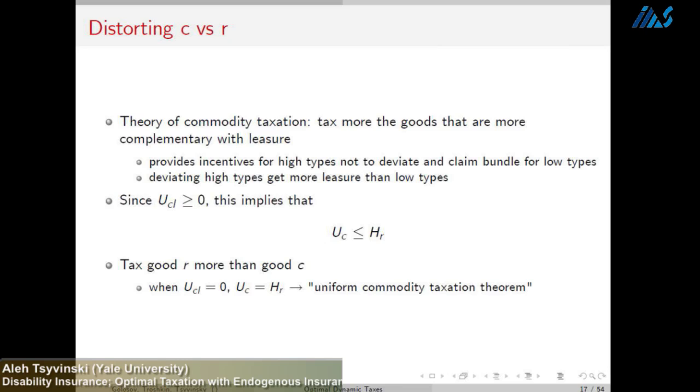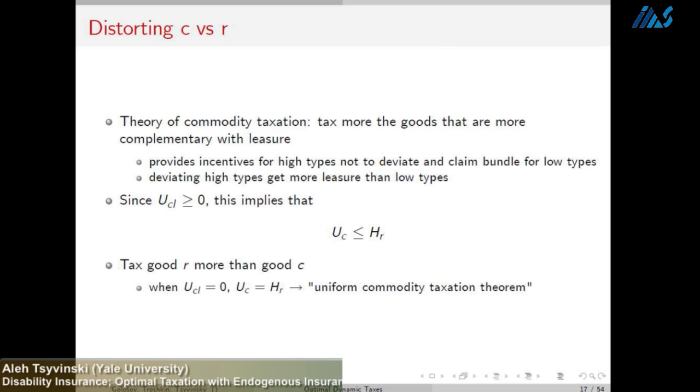I want to impose a wedge between the marginal utility of the consumption good and the marginal indirect utility of moving R units of resources to the future in the incentive compatible way.